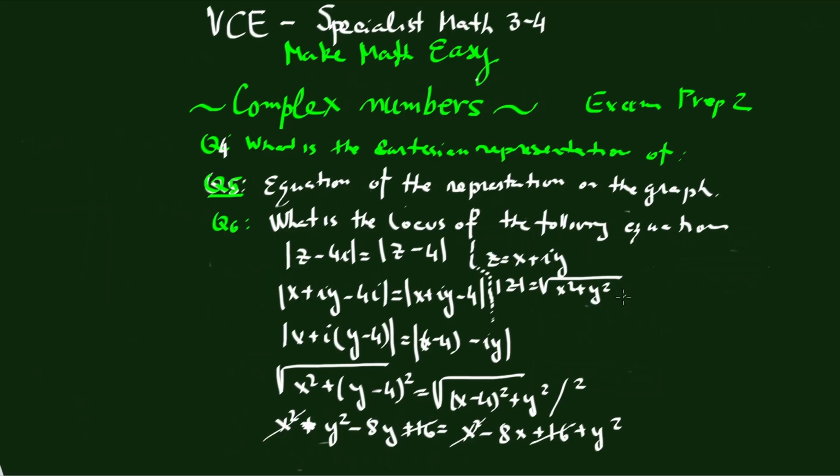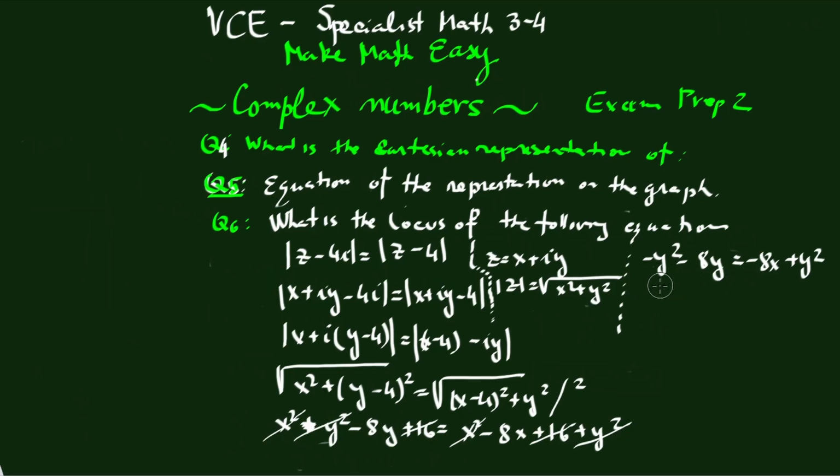And what's left? Let's do it here. What's left is minus 8y equals minus 8x. Sorry, we have plus y squared here, and plus y squared there, so the y squared terms cancel.